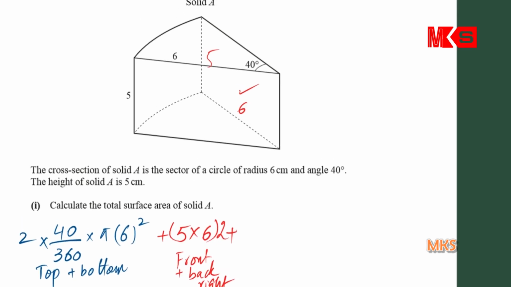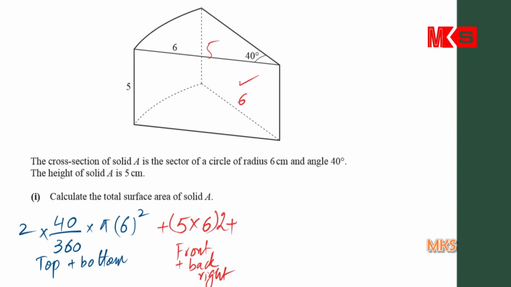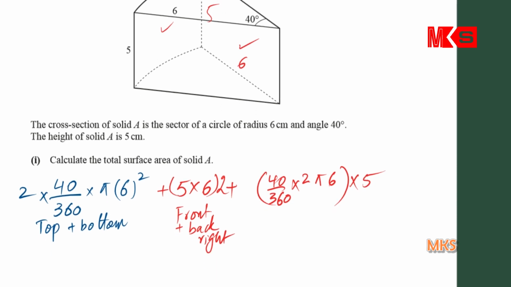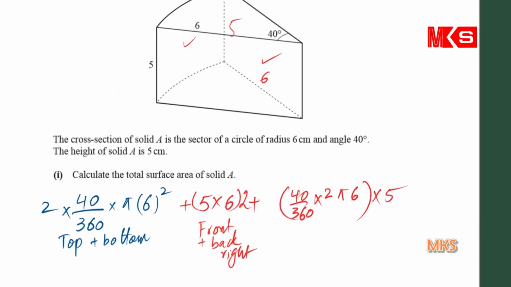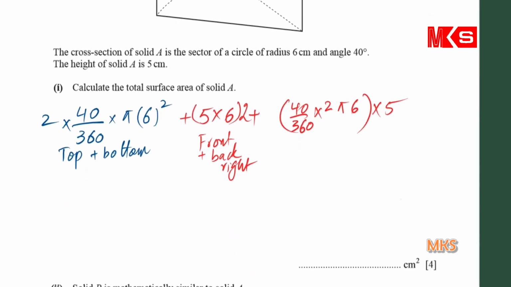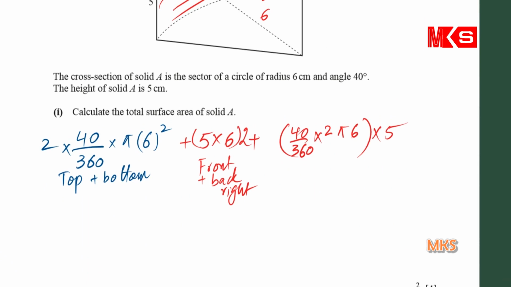Now we are left with one, which is back left. That has one side as an arc, and it will be 40 over 360 times 2 pi r times 5. That gives the area of the left back. Their sum will give us the answer.